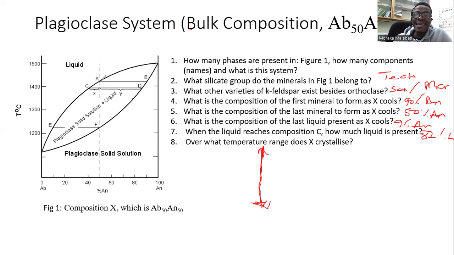So that's A. Over what temperature range does A crystallize? A, it's here. Okay, so let's check vertically. At this temperature, we go straight like here. Here it's about, let's say, 1420 degrees Celsius, and then we subtract that from, let's check over here.